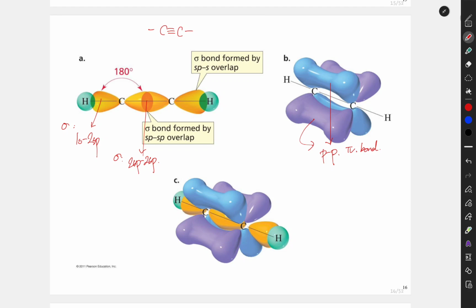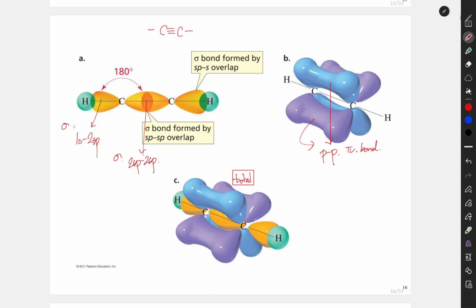So in total, the bonding interaction can be made by the orbital set. The yellow or orange indicate the bond between the sp orbitals. So the central yellow lobe indicates the covalent bond between sp and sp orbitals, and the bond between carbon and hydrogen again can be described with the sp orbital and one s orbital from hydrogen.